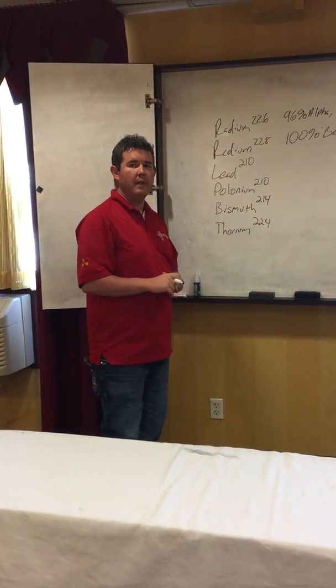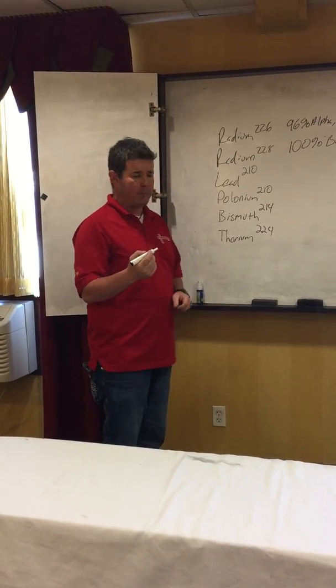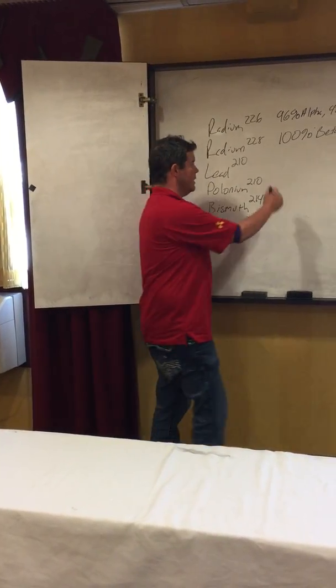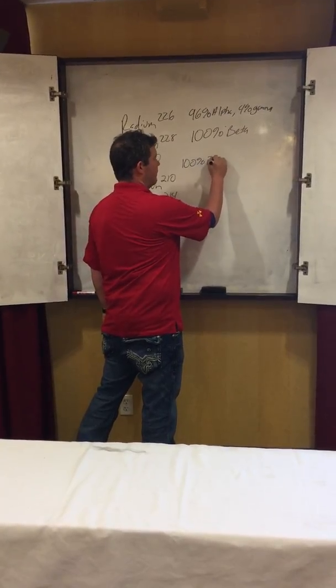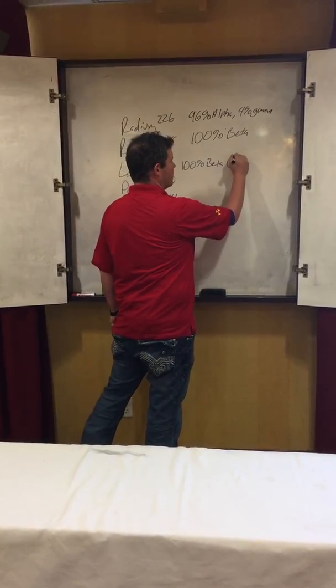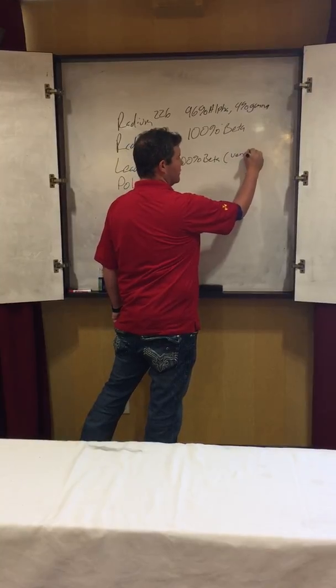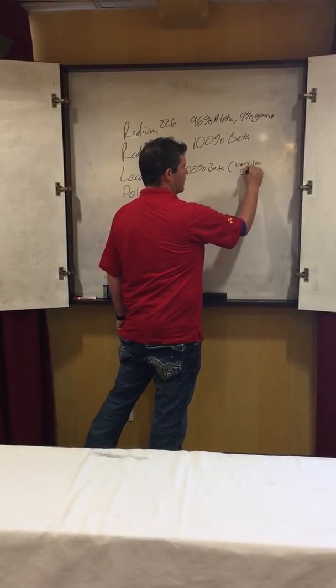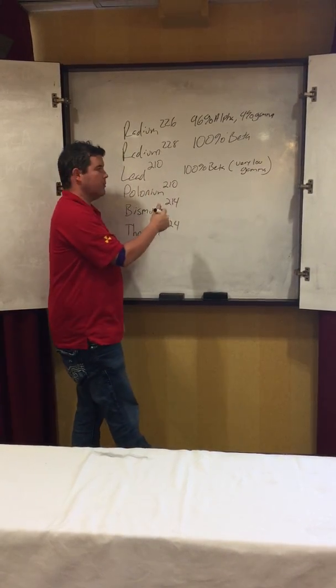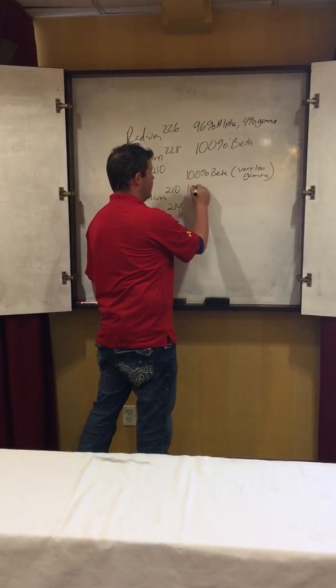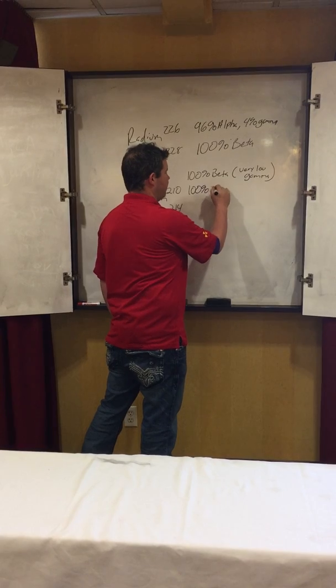The reason we do these 4 particular daughter products is because lead-210 is 100% beta, however, it's going to have a very low gamma. Polonium-210 is 100% alpha.